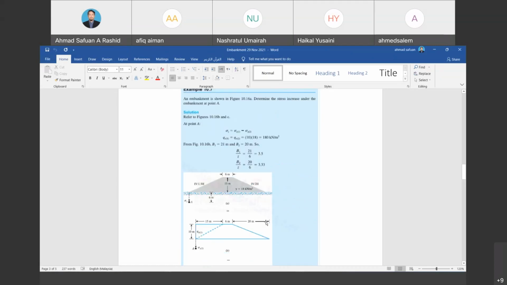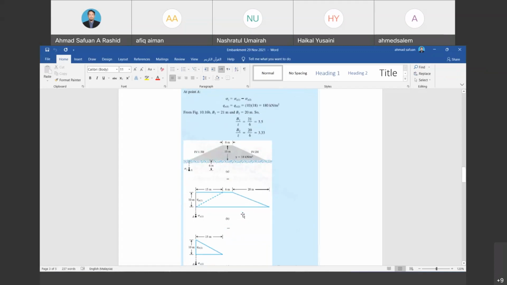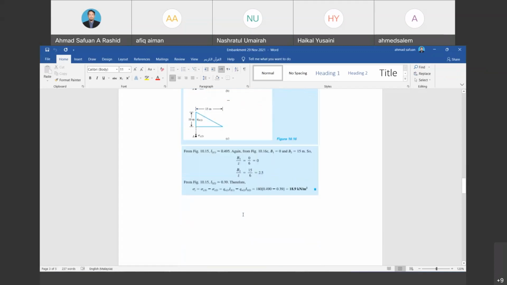So that is the solution to determine the increment of stress at this point. However, when we want to calculate bearing capacity or settlement, we should use the maximum or the highest stress, which is located at the center of the embankment. Any question?